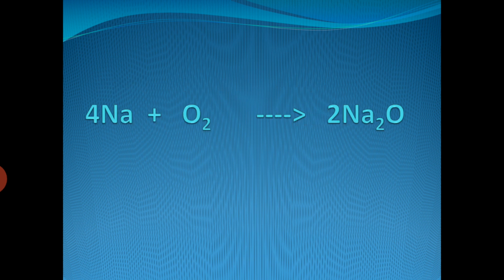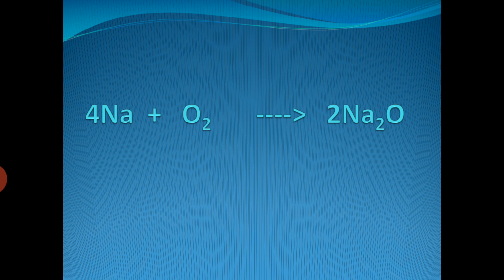Now next one is sodium. When sodium burns in the presence of oxygen, it burns vigorously and forms a white powder called sodium oxide, Na2O.